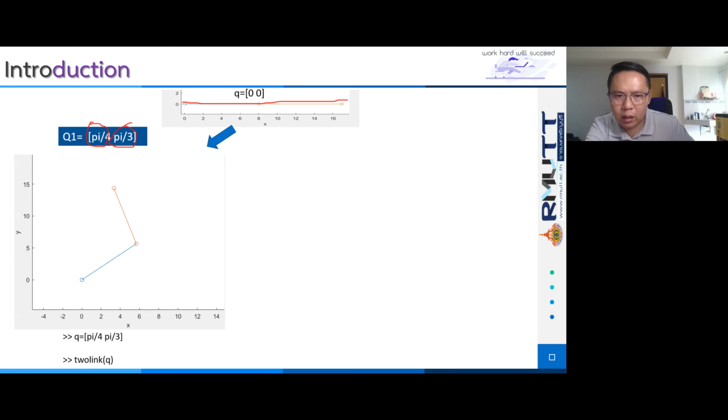rotates counterclockwise about 0.7854 radians. The second link rotates counterclockwise about 1.0472 radians.